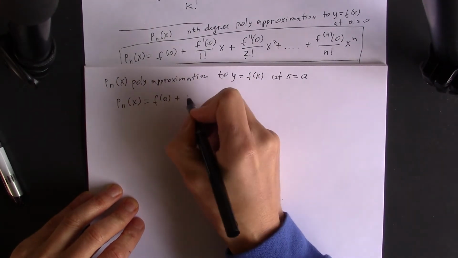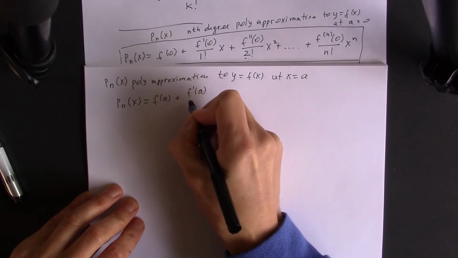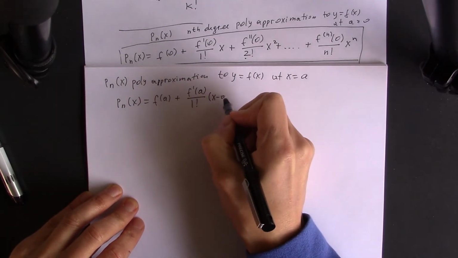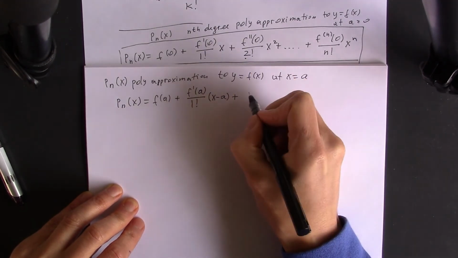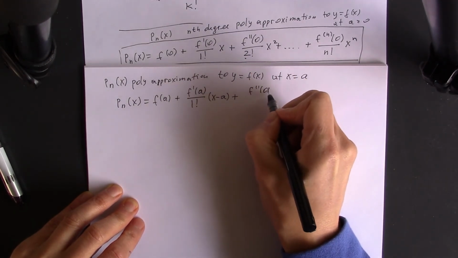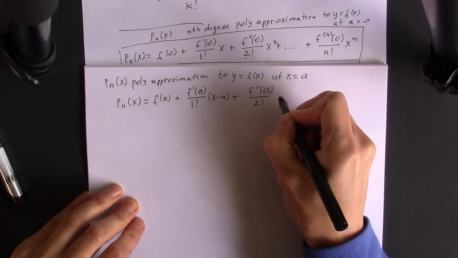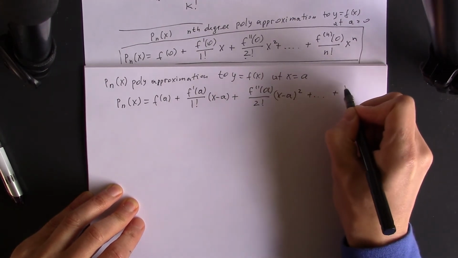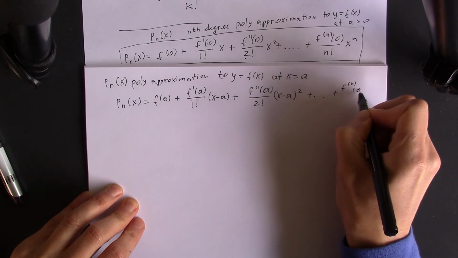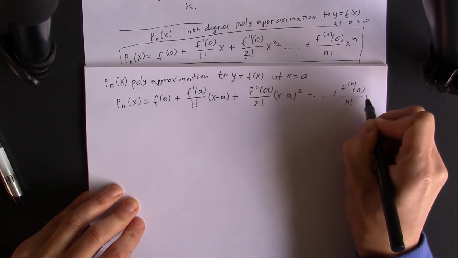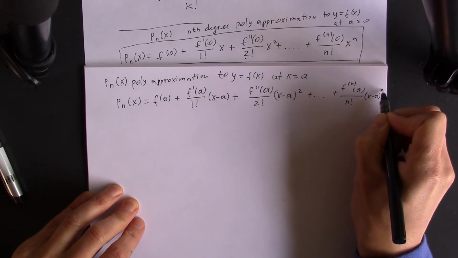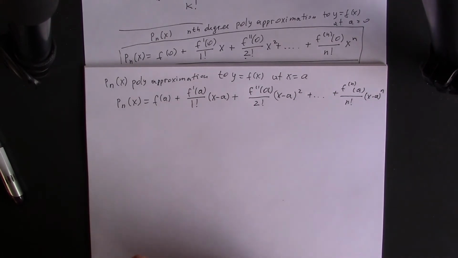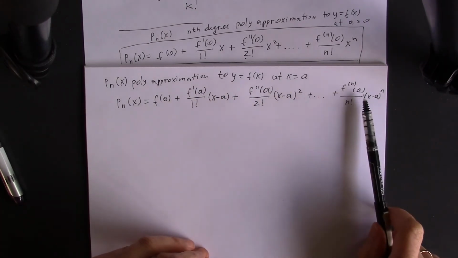Instead of f prime of 0, we say the derivative at a over 1 factorial, and because we're doing a shift, instead of x we have x minus a. The same happens with the second derivative at a over 2 factorial times x minus a squared, plus all the way up to the nth derivative at a over n factorial times x minus a to the n. Of course, we're assuming here that our function has an nth derivative at a.